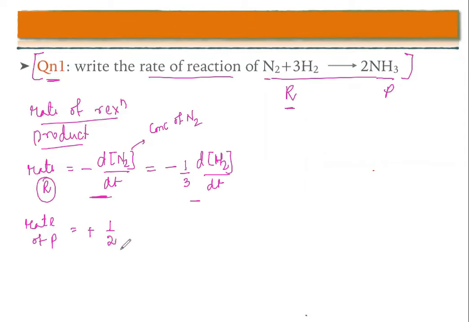Coefficient is 2, that's why 1 by 2 d NH3 whole divided by dt. So this is the rate of the reaction.